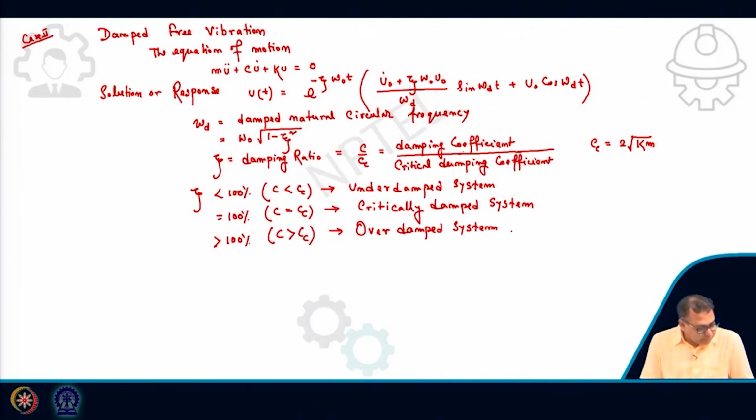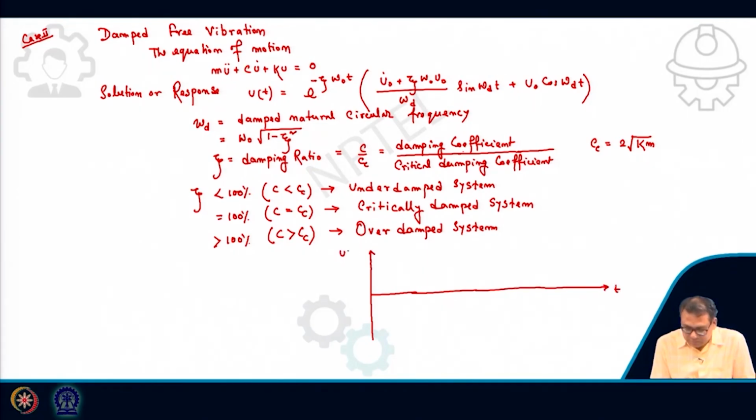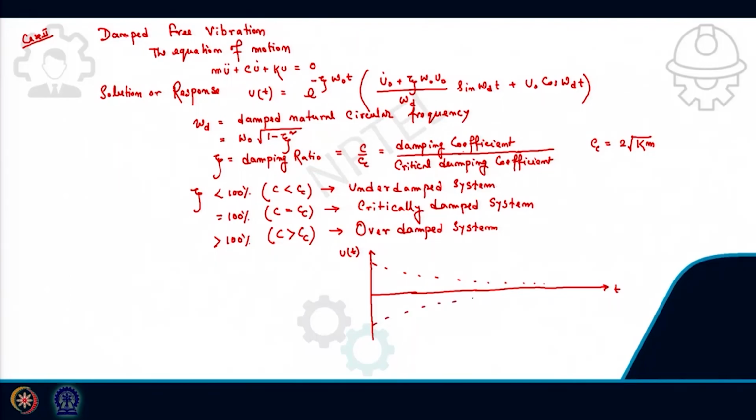Okay. So here if I draw the graph or the plot, that is displacement versus time. So this is time and this one is u(t). So here also I will get some initial velocity. Then there will be a decay or decrease.